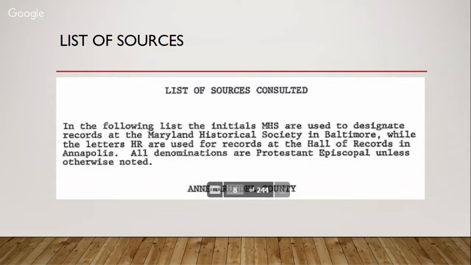Now, behind the image 8 of 244, you can't see it, but it says Anne Arundel County. There's a hint there about the county called Society of Friends. So the book itself is laid out by county. Now, I'm going to go a couple of pages further back later in the book to see if I can find out what that 4SF means.